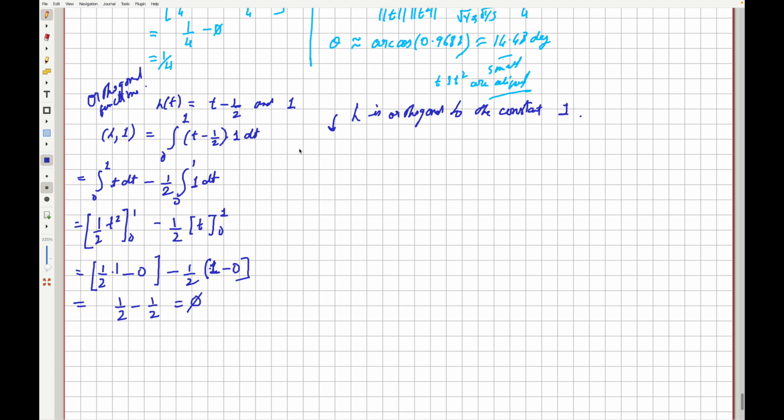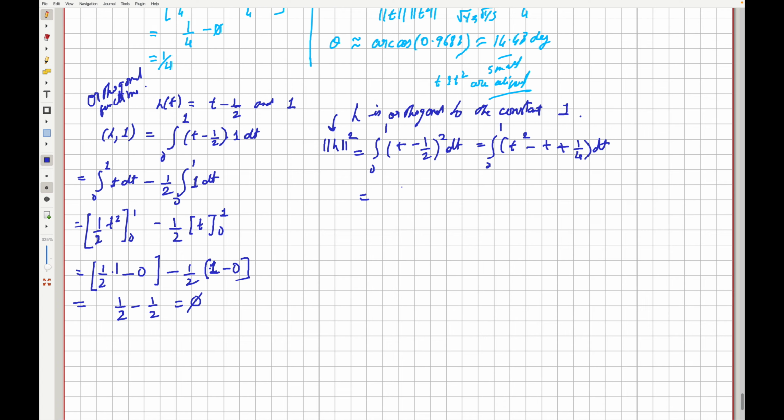If we wanted to get the squared value of the norm, we could say the norm of h squared is equal to the integral from 0 to 1 of t minus 1 by 2 squared dt, and if we solve this, let me write that clearly. This would be t square minus t plus 1 by 4 dt, and we continue integrating this.